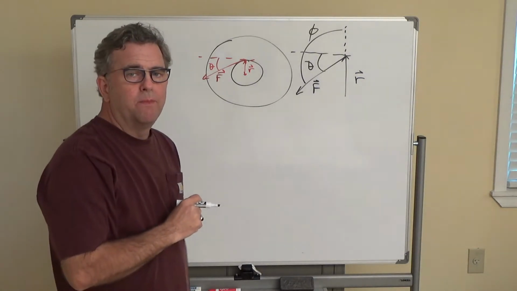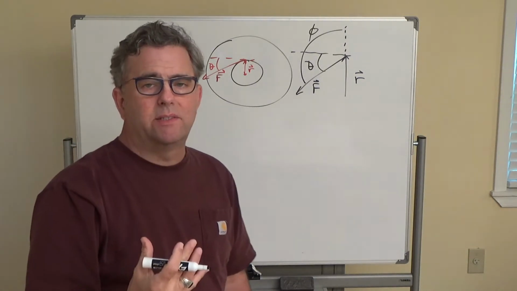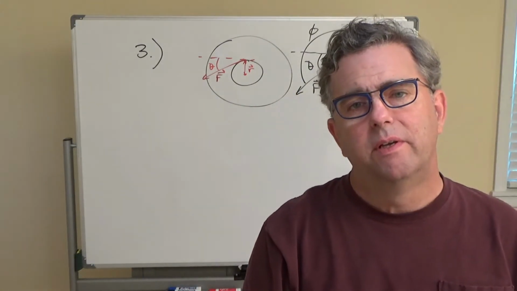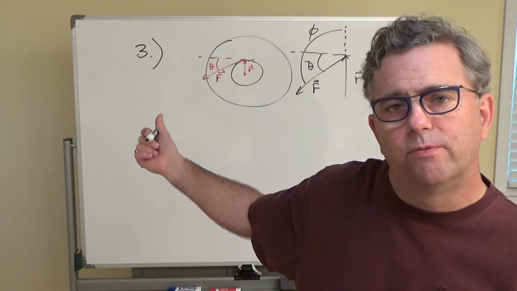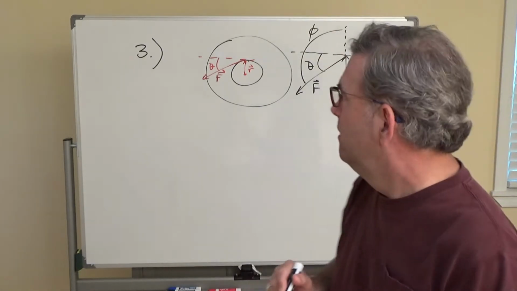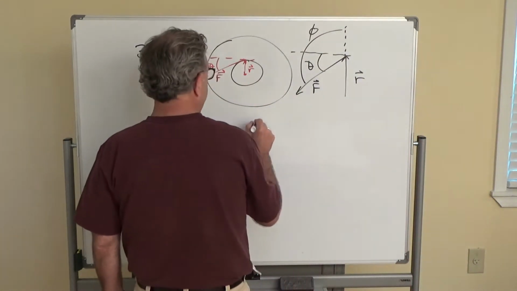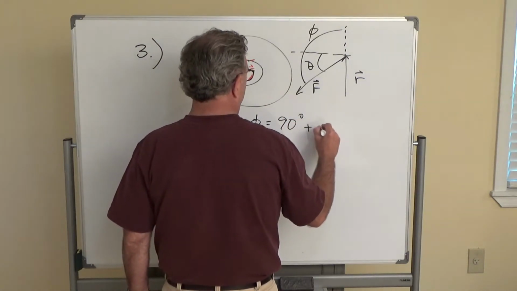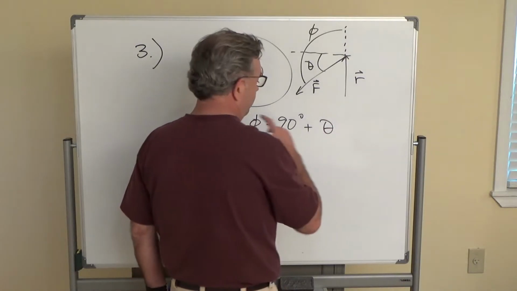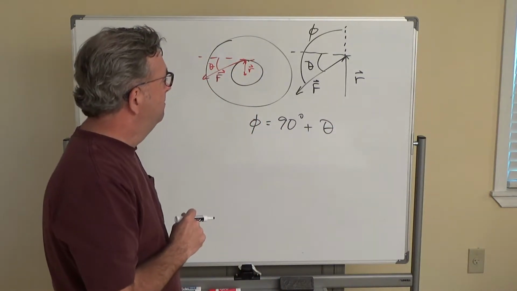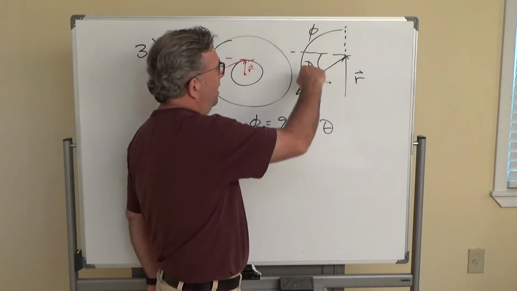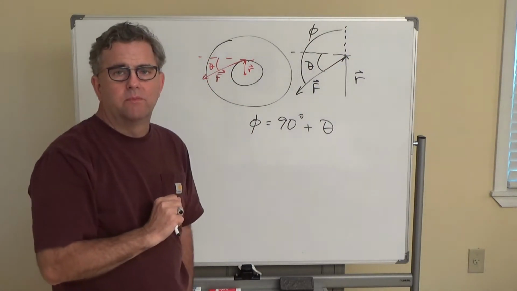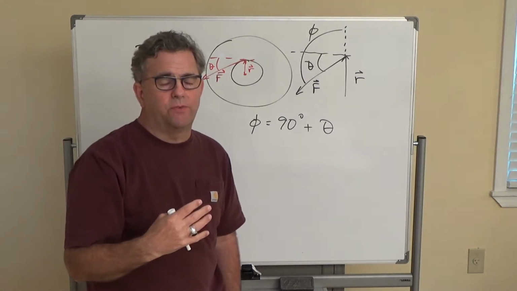All right? That way, a positive torque, a counterclockwise torque, which is positive, you get a positive answer for the sine of phi. So phi in this case is equal to 90 degrees plus theta. Okay? So that little angle's theta, that angle is phi. All right, you're going to get a positive answer for that.